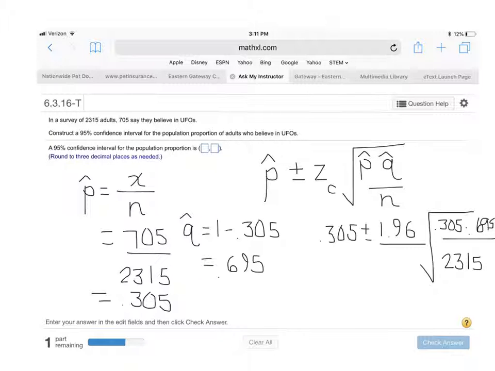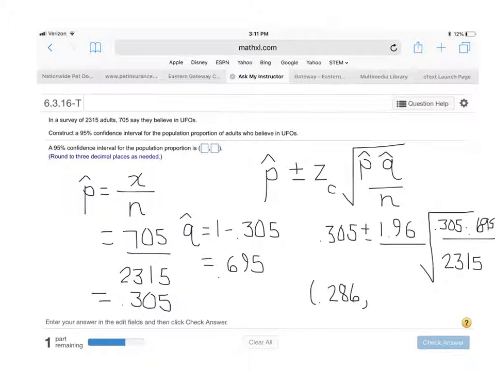And when we compute this interval, we get the lower boundary by taking 0.305 minus 1.96 times the square root of 0.305 times 0.695 over 2,315. That gives us the lower limit of the interval, which is 0.286.